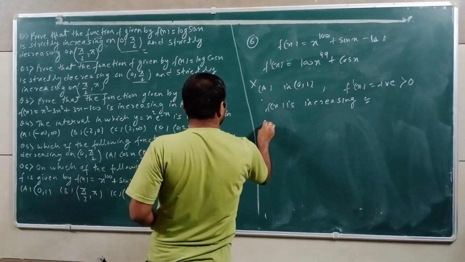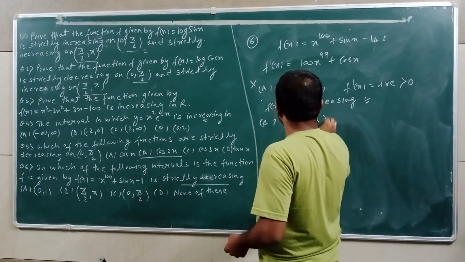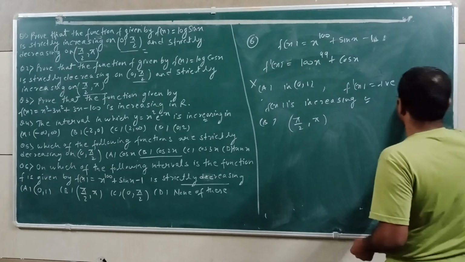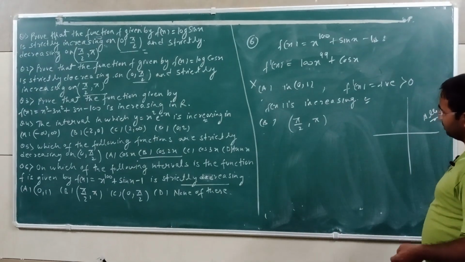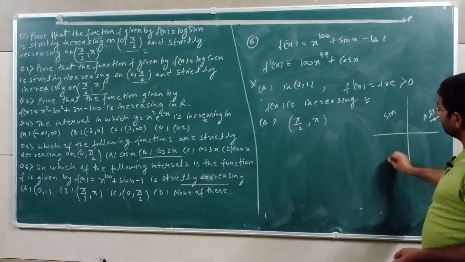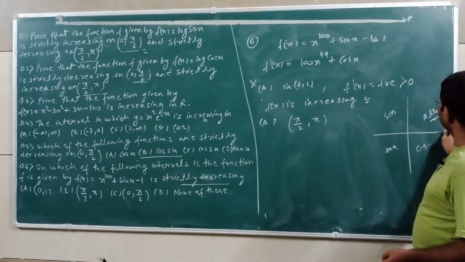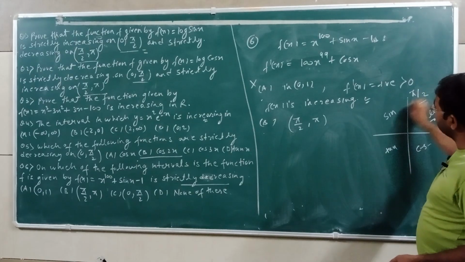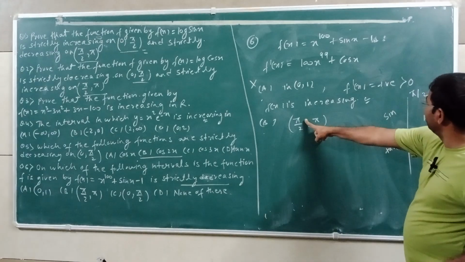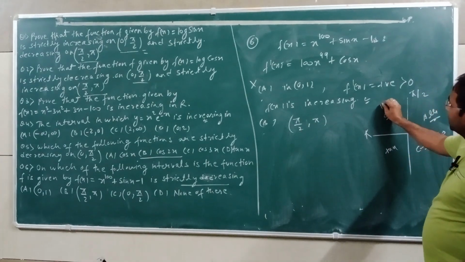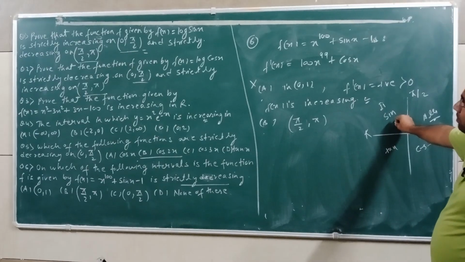Now let us see the b one, which is pi upon 2 to pi. In the first quadrant all trigonometric ratios are positive; in the second sine is positive, then tan is positive, then cos is positive. Now 0, pi upon 2, pi. It is asking about pi upon 2 to pi, means the second quadrant, and in the second quadrant only sine is positive, the remaining are negative.